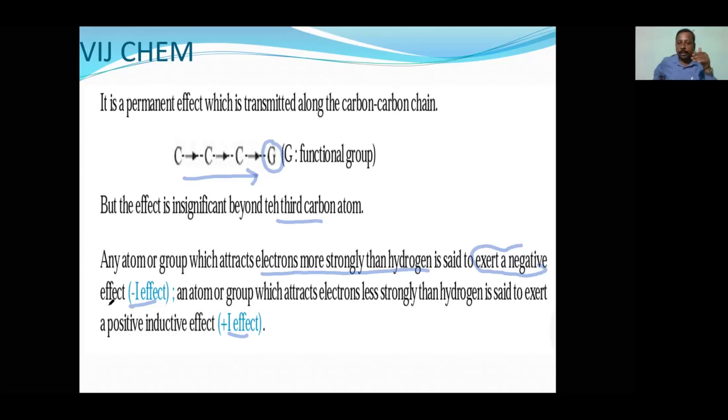If it shows less electronegativity than hydrogen, then it is going to show positive inductive effect. So inductive effect is a permanent sigma bond electron migration from less electronegative to more electronegative. It is further divided into two types: minus I effect and plus I effect. Is that clear now?